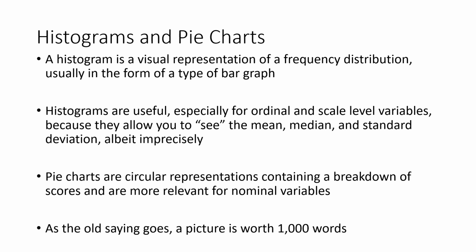If you have ordinal or scale variables that are hierarchical, then it makes more sense to generate a histogram, whereas if you're dealing with nominal variables that have no hierarchy associated with them, then a pie chart can be a useful way of breaking down the distribution of scores. As the old saying goes, a picture is worth 1,000 words, and I think that definitely holds true in respect to histograms and pie charts. So in the next slide, let's take a look at what a histogram looks like.